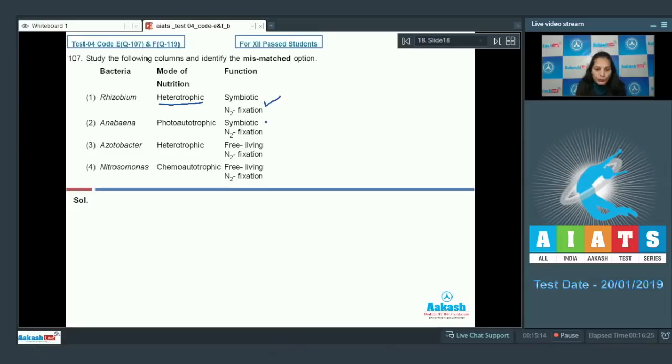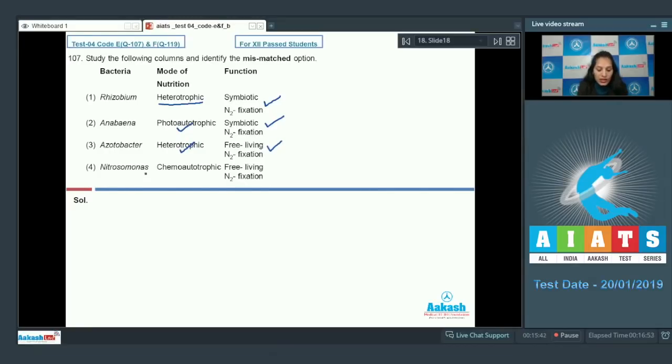It is true. Second, Anabaena is photoautotrophic. Yes, it is photosynthetic. It also symbiotically fixes atmospheric nitrogen. Third one, Azotobacter, it is heterotrophic in nature, cannot synthesize its own food, and it performs free-living nitrogen fixation. So it is also correct.